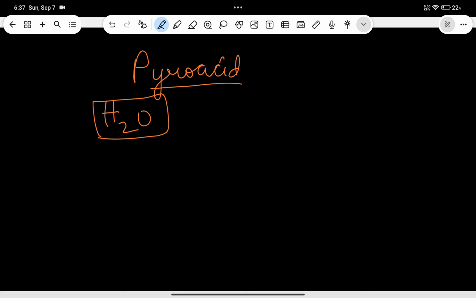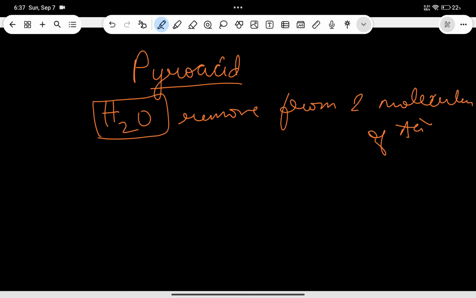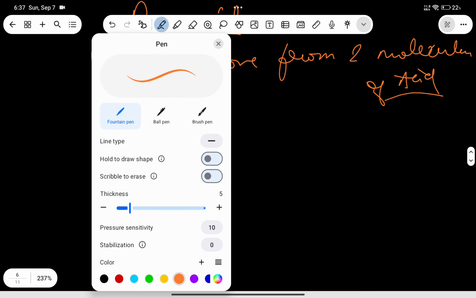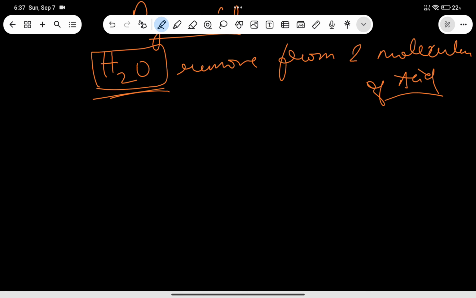We remove one water molecule from two molecules of acid. From two molecules of acid, we have to remove one molecule of water, and then we get pyroacid. Let me give you some examples and we'll try to understand it very nicely.